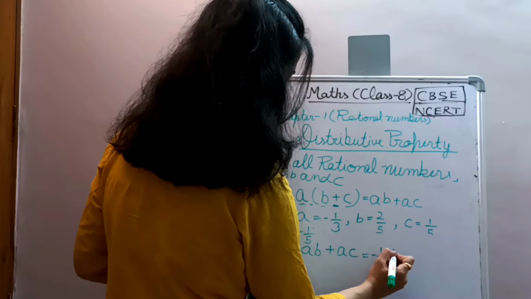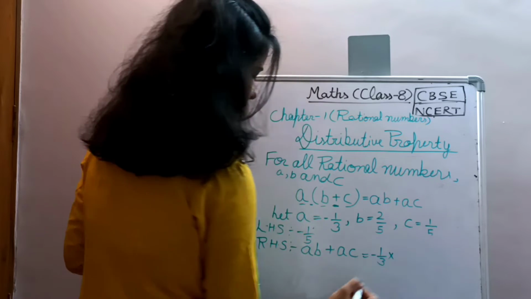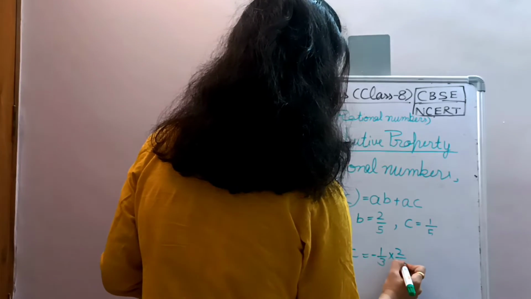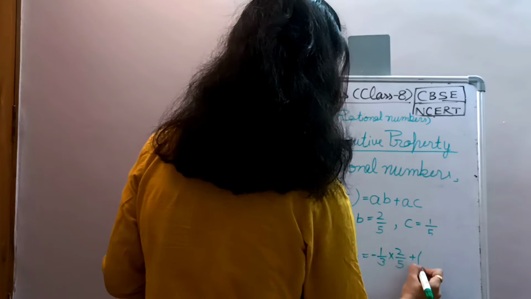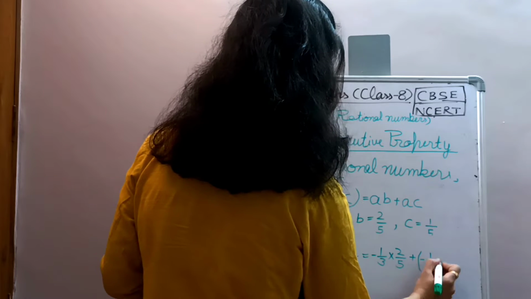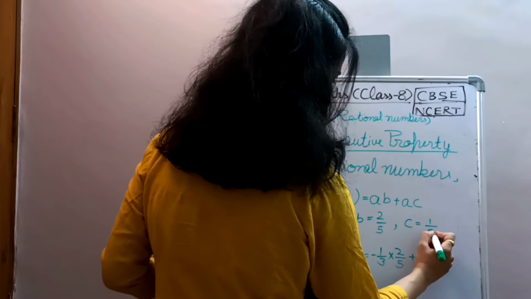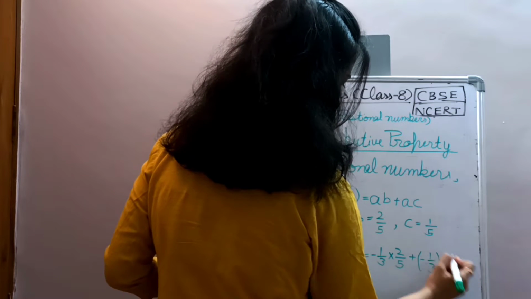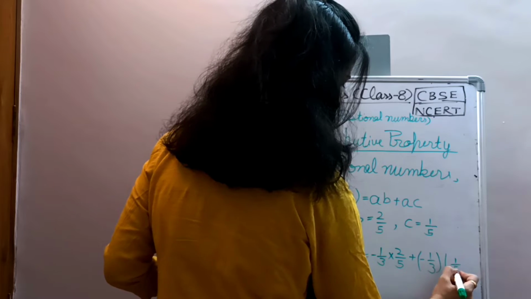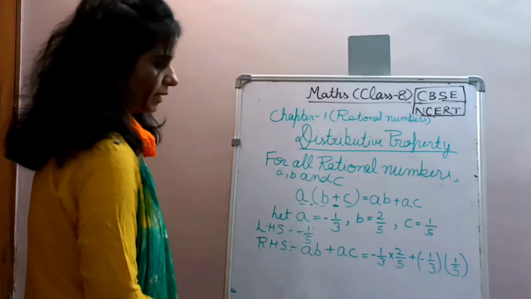Minus 1 upon 3 multiply 2 upon 5 plus minus 1 upon 3 multiply 1 upon 5. Now just simplify it.